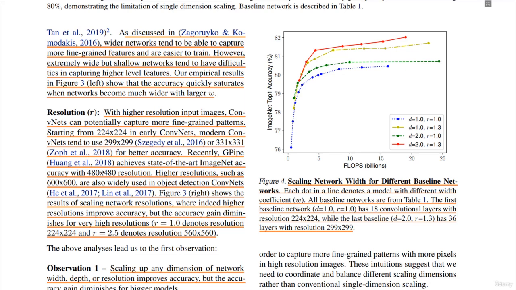Recently, GPipe, that's this paper, achieved state-of-the-art ImageNet accuracy with 480 by 480, and higher resolutions such as 600 by 600 are also widely used in object detection ConvNets. Now, figure 3 shows the results of scaling network resolutions.